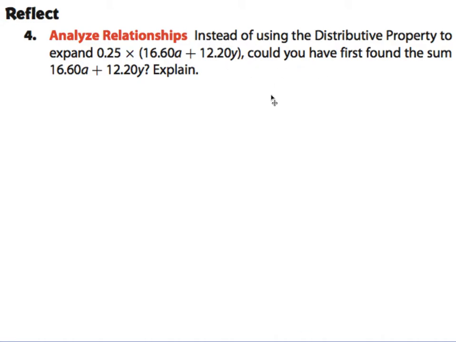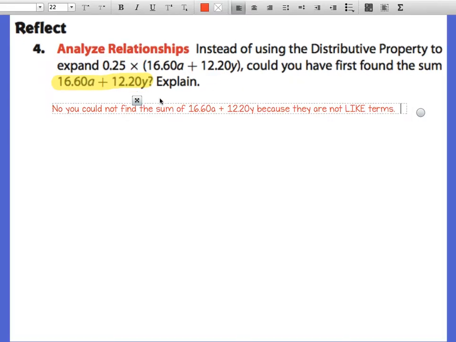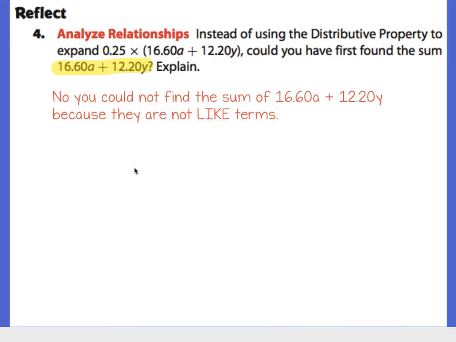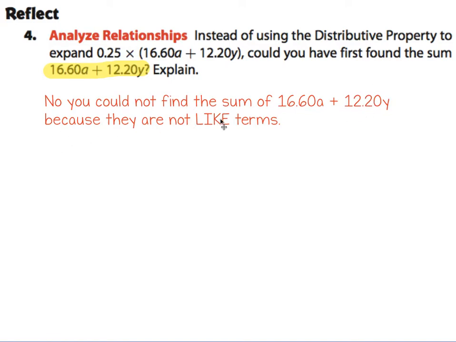So instead of using the distributive property to expand, could we have first found the sum of 1660a plus 1220y? So could we have first added these two pieces? If you said no, you would be correct. We can't find the sum of 1660a and 1220y because they are not like terms.